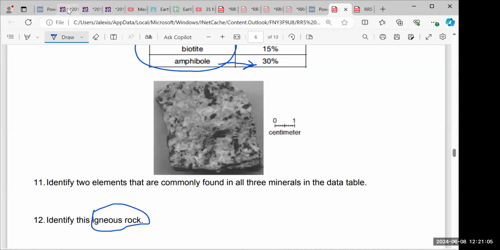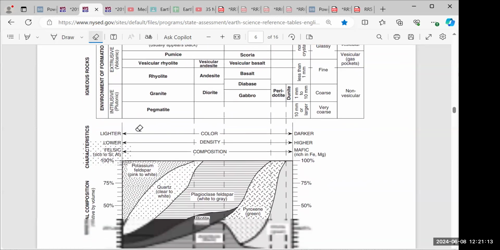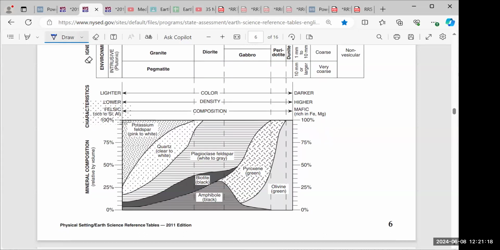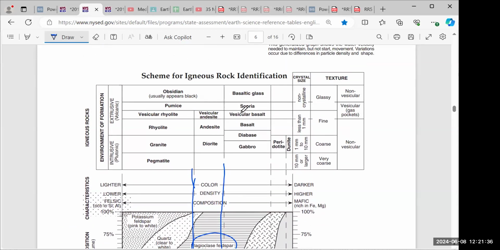I'm looking at page 6 of the reference tables. I see more than half plagioclase feldspar, and biotite and amphibole all fit in this category right here. So that means my answer has to be either diorite, andesite, or vesicular andesite.